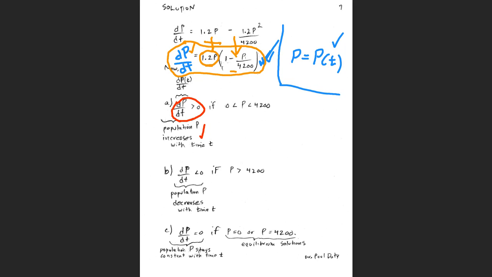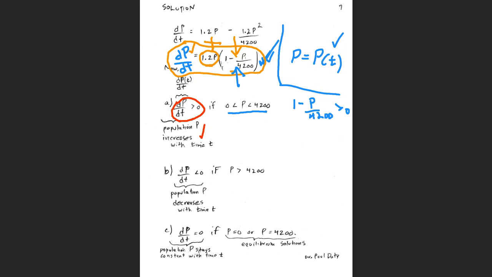Well, if p is between 0 and 4,200, that's going to make that second factor positive, okay? Because if you think about 1 minus p over 4,200, when is it positive?